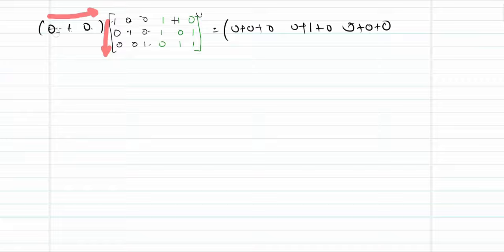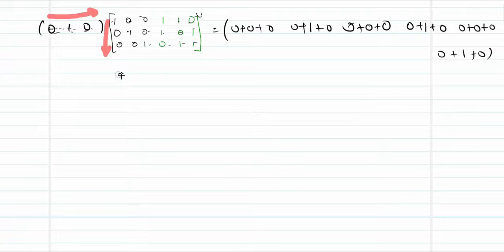Next, 0 into 1, 1 into 1 is 1, 0 into 0 is 0. The next one, 0 into 1 is 0, 1 into 0 is 0 and 0 into 1 is 0. The last element, 0 into 0 is 0, 1 into 1 is 1 and 0 into 1 is 0.